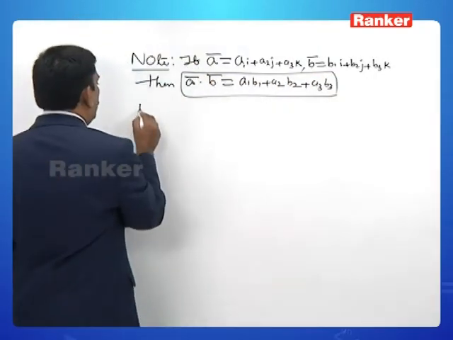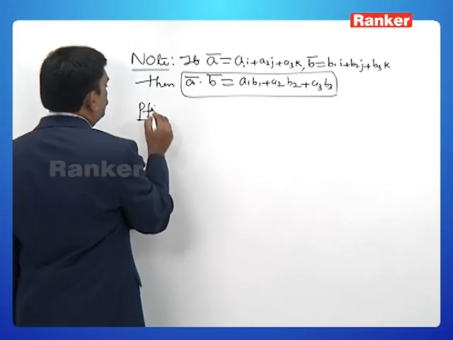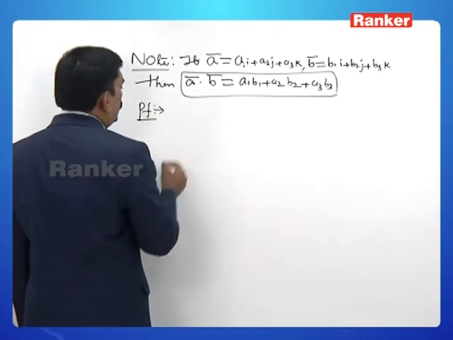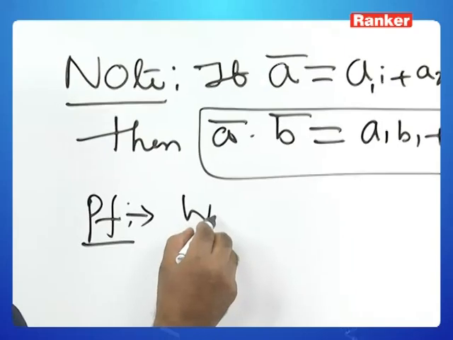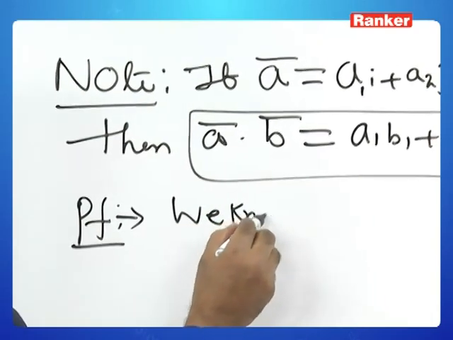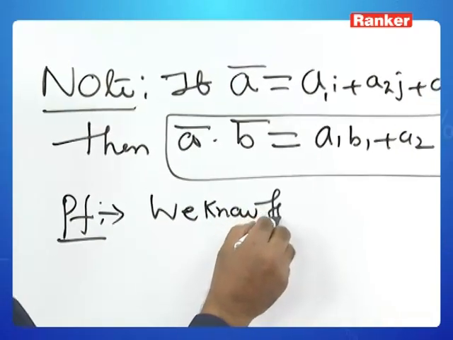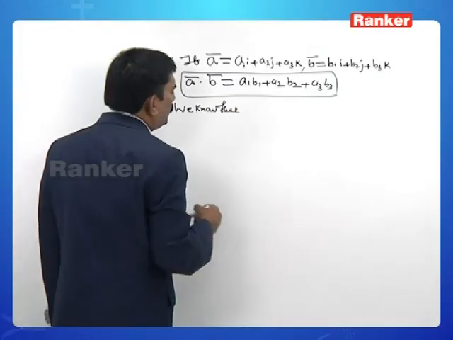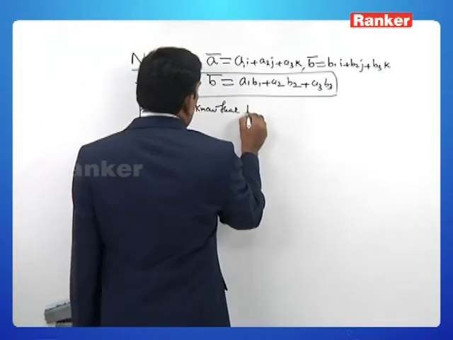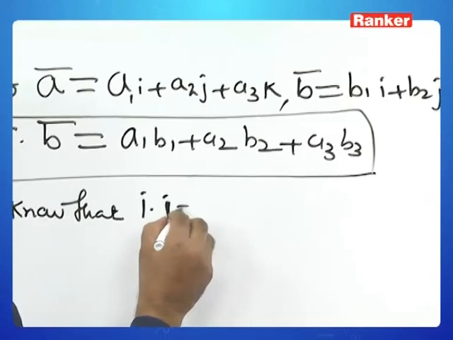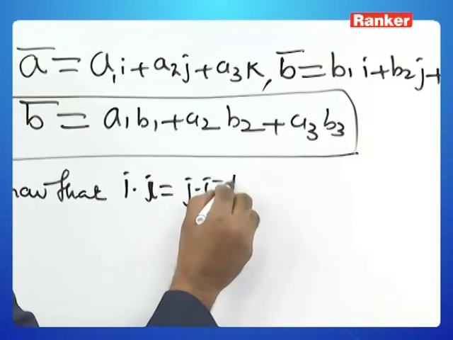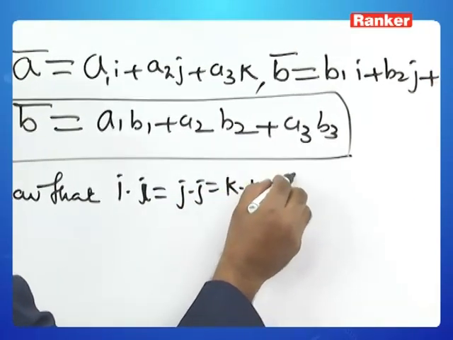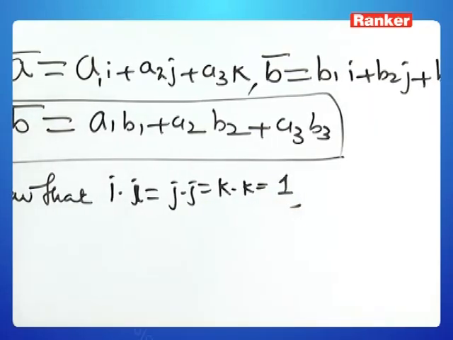Let us see how this is. We know that I dot I, J dot J, K dot K is equal to 1.